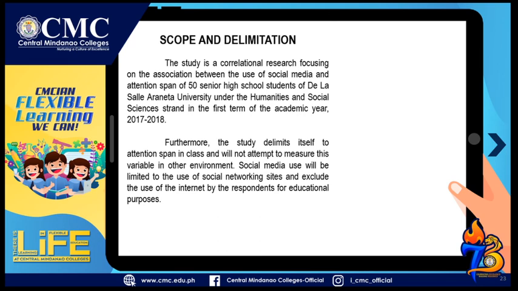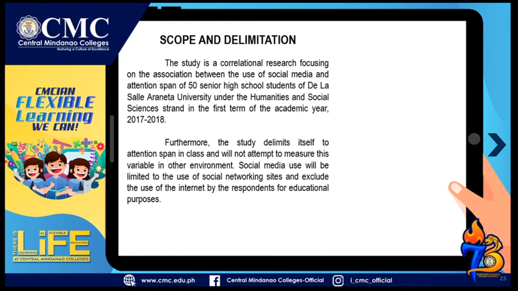Furthermore, the study delimits itself to attention span in class and will not attempt to measure this variable in other environments. Social media use will be delimited to the use of social networking sites and exclude the use of the internet by the respondents for educational purposes.